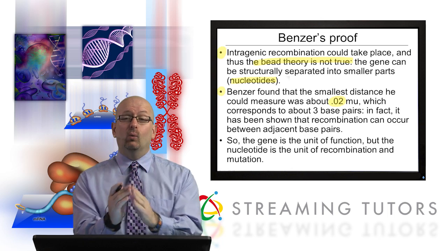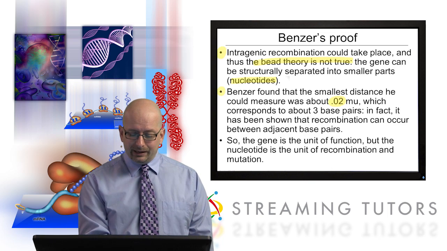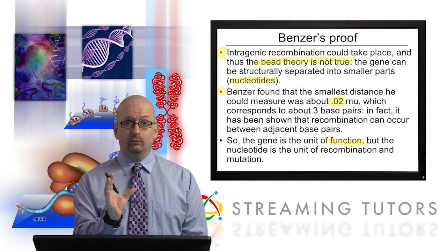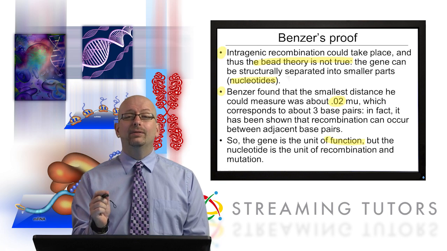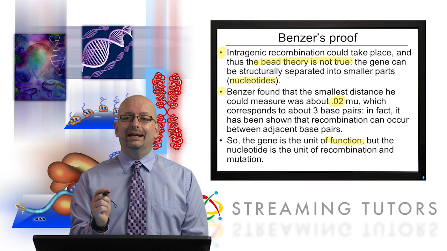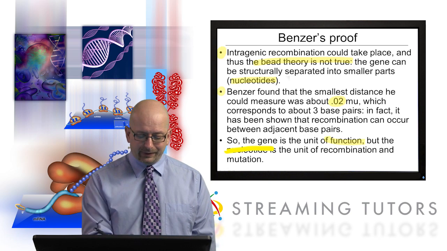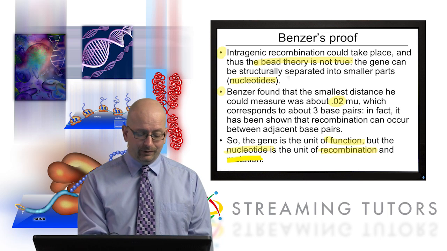Okay, so what that means is, process this all together. The gene is definitely the unit of function, right? One gene, one enzyme type of an idea. But you can't say the gene is a unit of structure, because the nucleotide is the unit of recombination and also the unit of mutation.